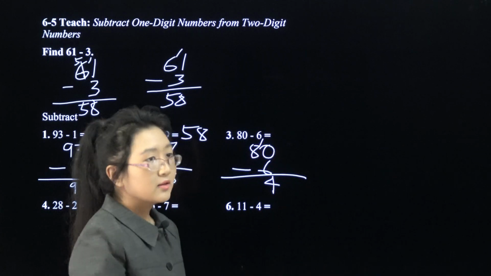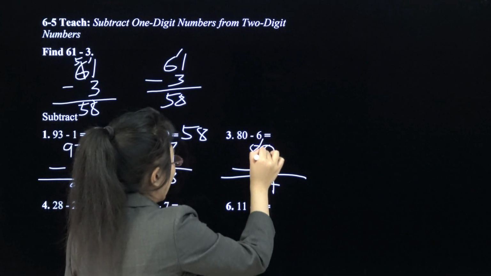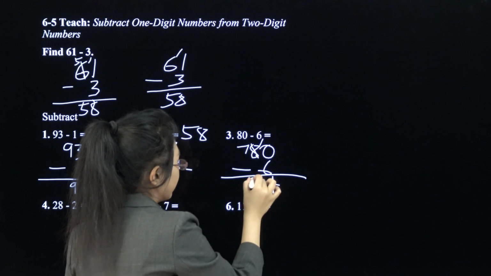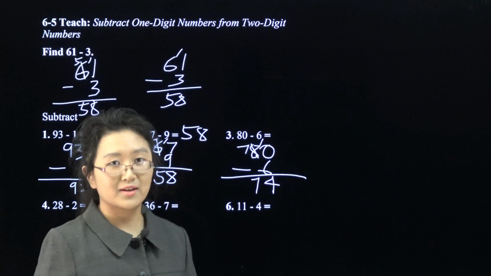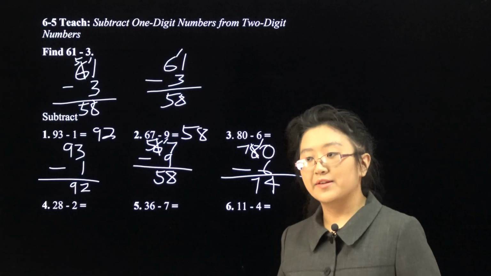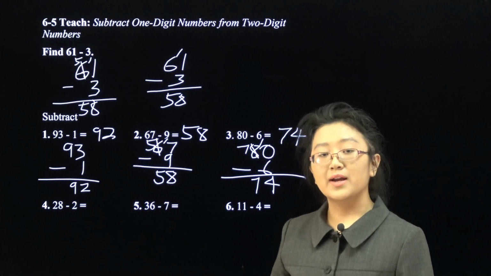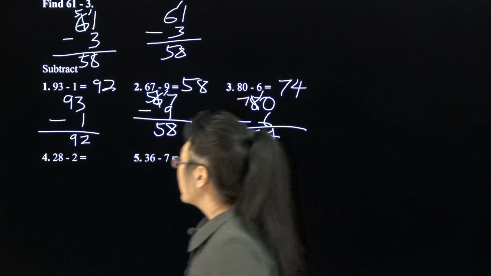Now 8 tens got 1 ten taken away from it, so now it's 7 tens. And 7 tens minus nothingness is still 7 tens. That's 74. 80 minus 6 is 74. All right, so let's move on.